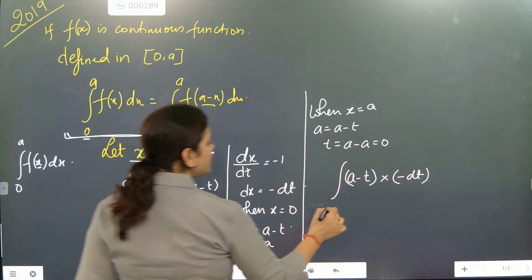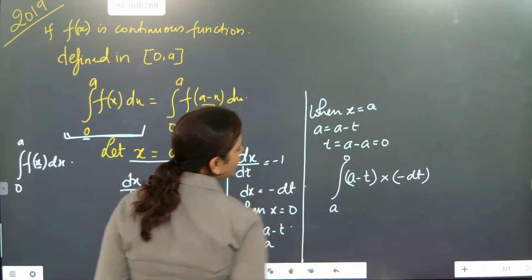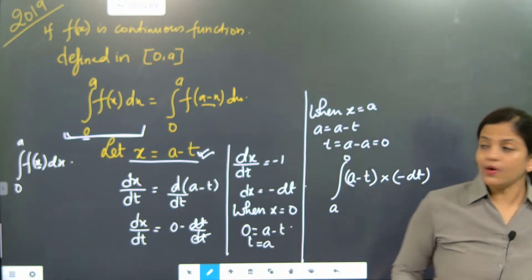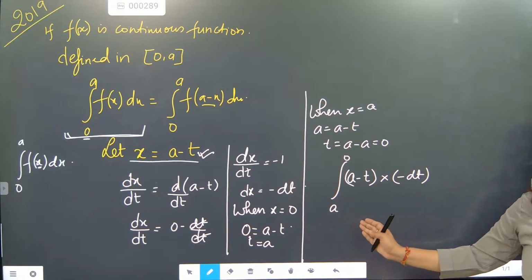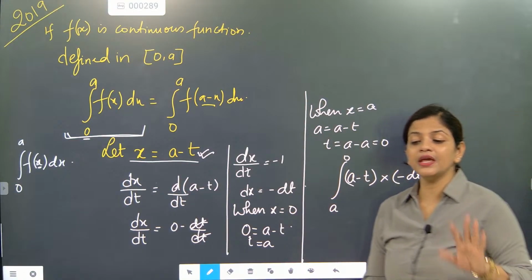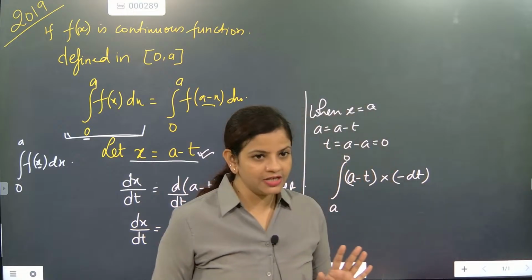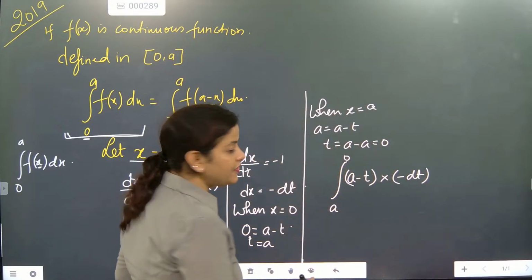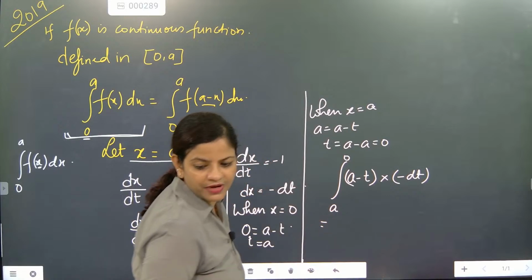Lower limit is coming as a, upper limit is coming as 0. So here one thing you must remember: lower limit is a, upper limit is 0, which is not possible. Lower limit cannot be greater than upper limit. Understood? So there is a provision of changing the placement.